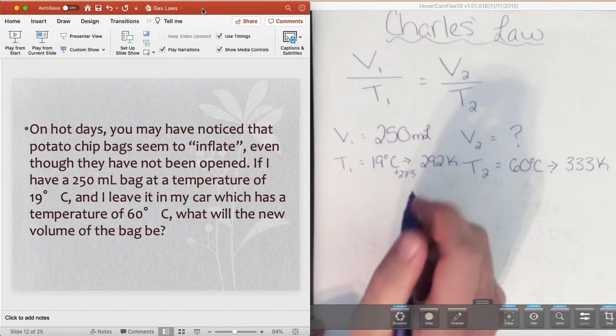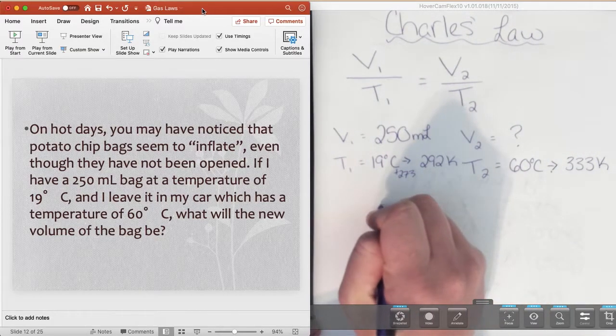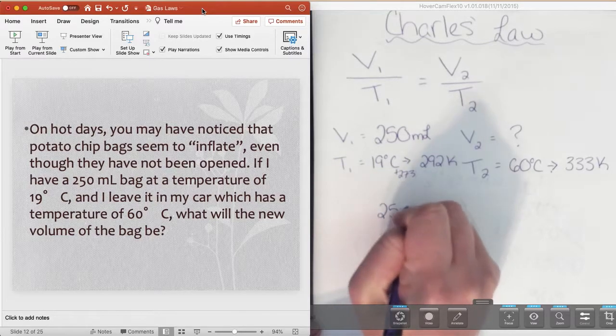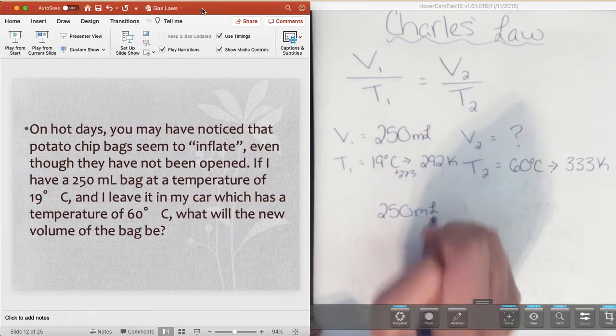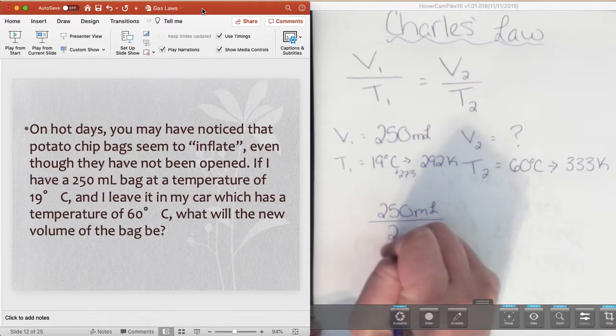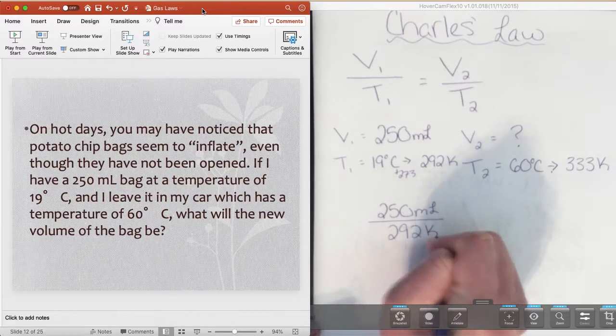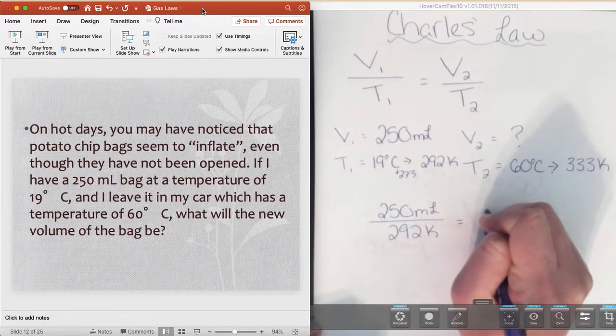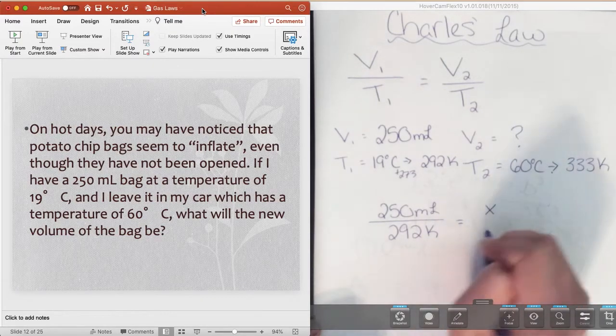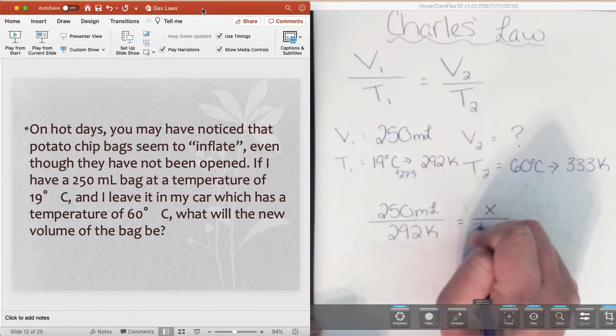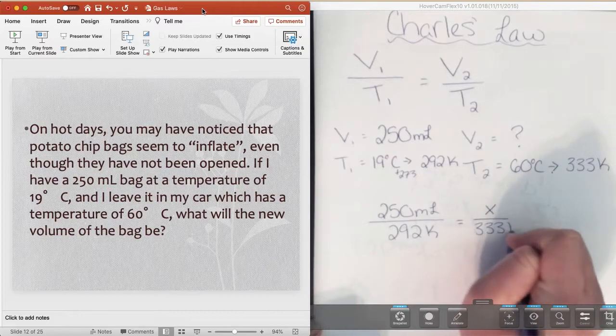So let's plug my numbers in. I have 250 milliliters over 292 K is equal to some number over 333 Kelvin.